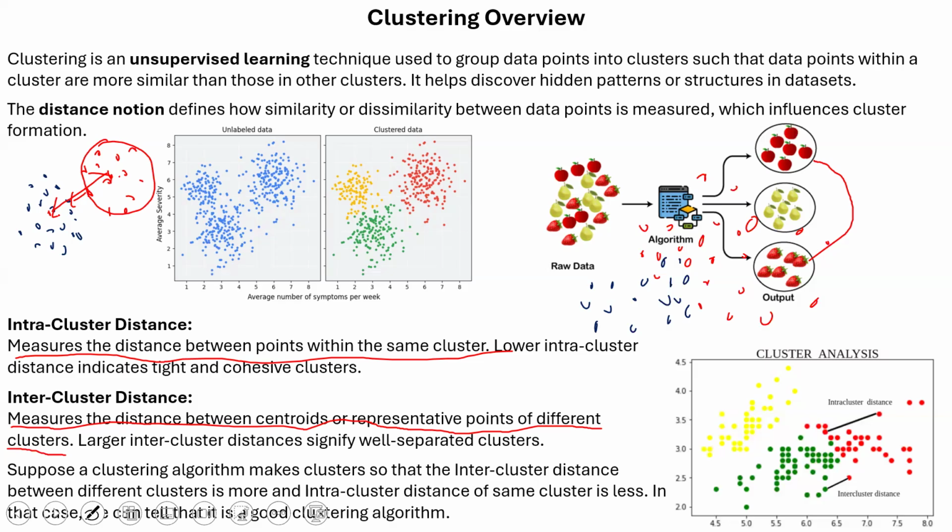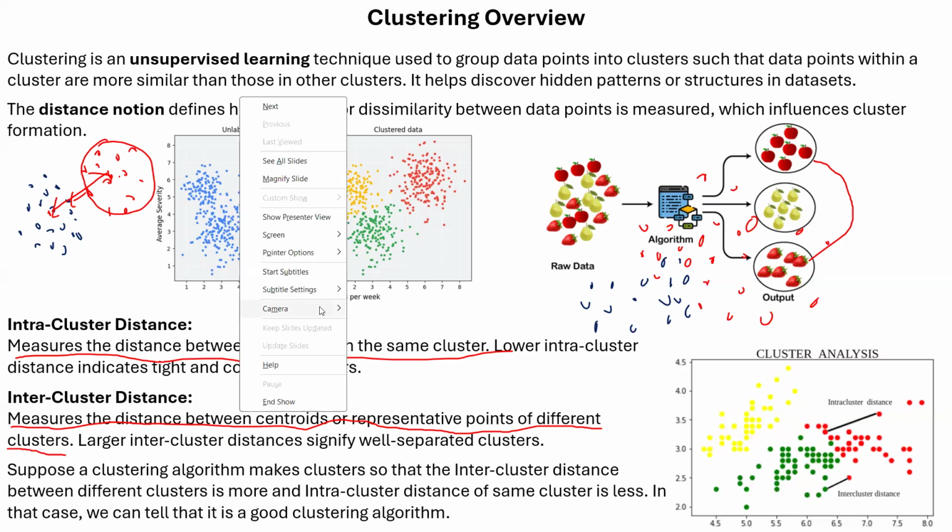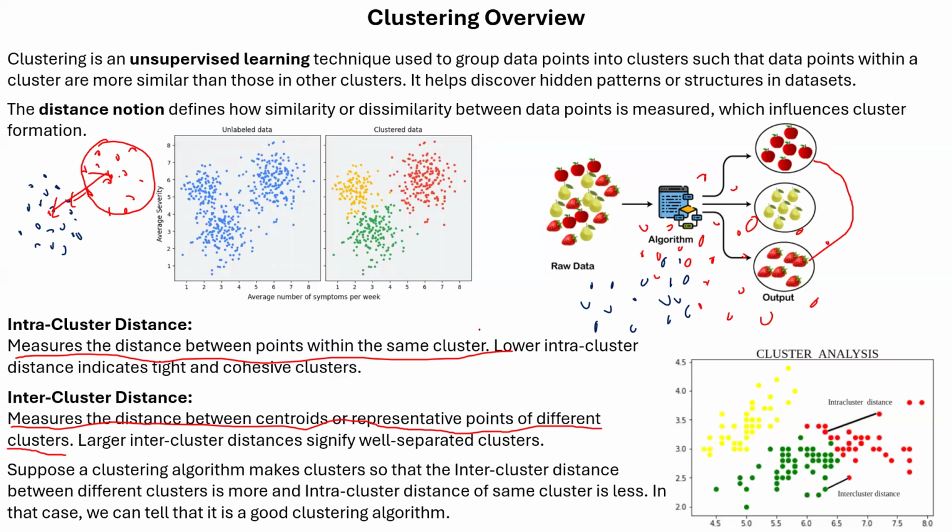So this is the centroid. When you increase that inter-cluster distance, what happens? The clusters will move away from each other. So there is a good partition between the patterns in the data set. In this other case, the centroids are very close to each other.